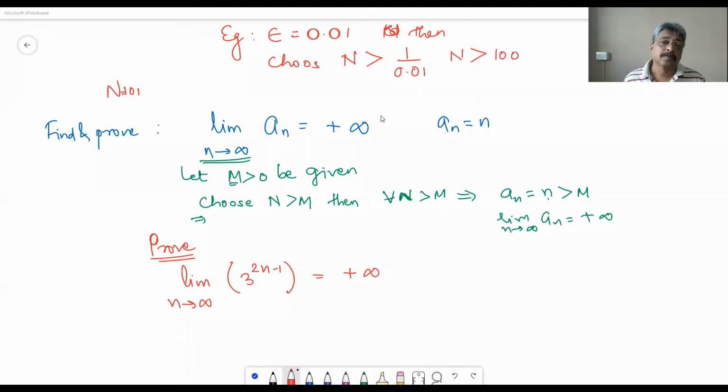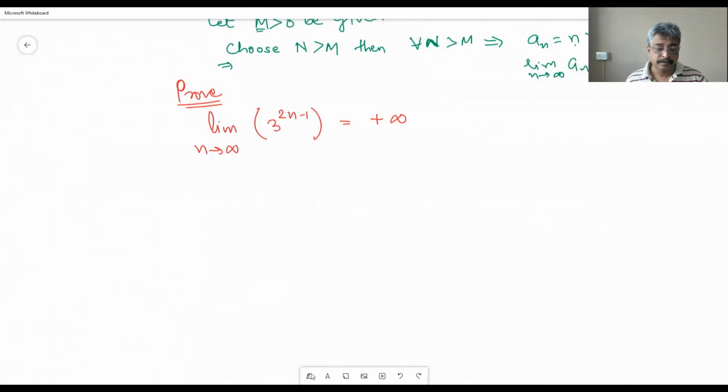You need to find the value of n beyond which any value of natural number you take, you will stay greater than the given number. So the proof will go like this. Let M greater than 0 be given.